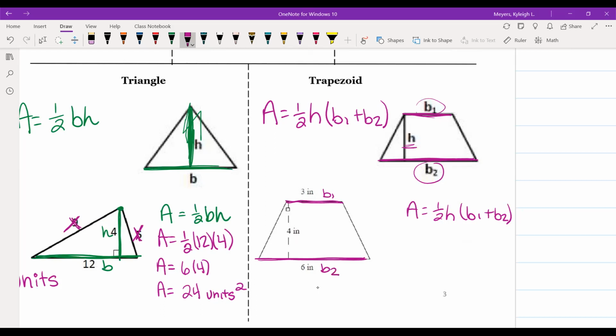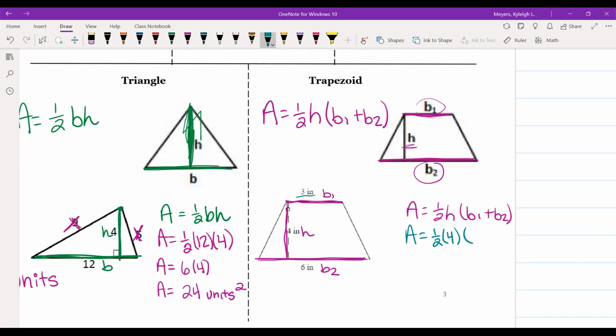And then the height is from one corner of the top base to the bottom. So in this case, it's going to be 4 inches. All right, so now we have all of our numbers. Now let's start to plug them in. We have 1/2 of our height, which is 4. And then we have to add up our bases.